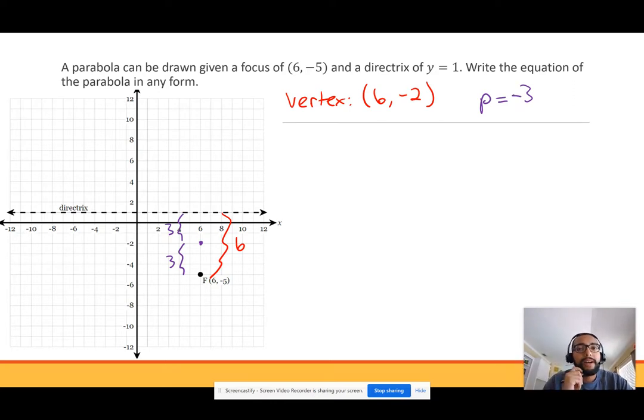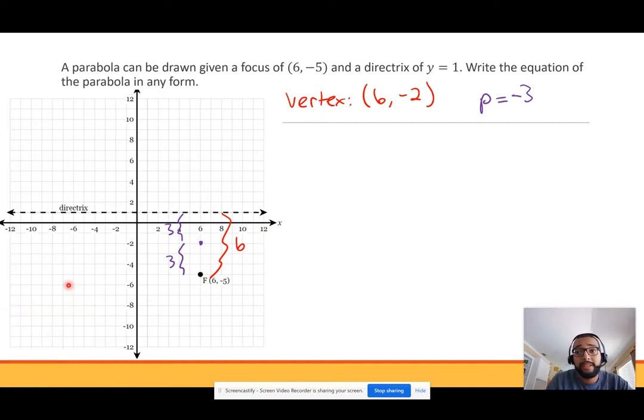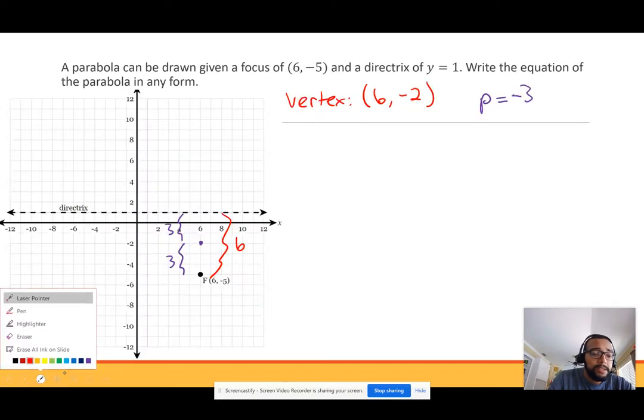The reason why some teachers will do that is because when you plot this graph, notice where our focus is and where our directrix is and where our vertex is. Vertex is right here and focus is down here. That means this graph actually opens down.